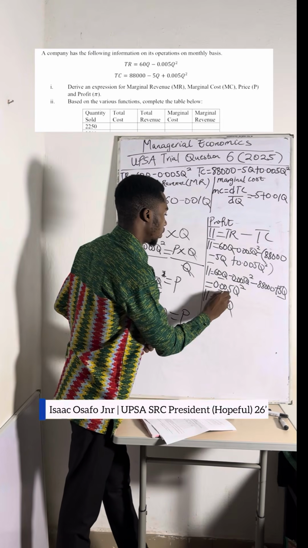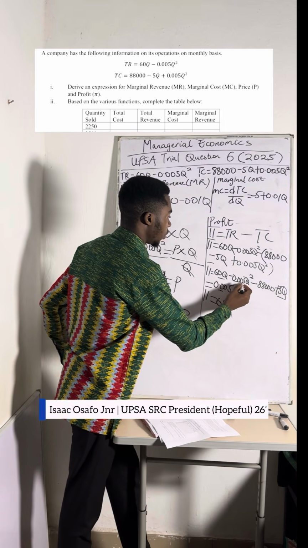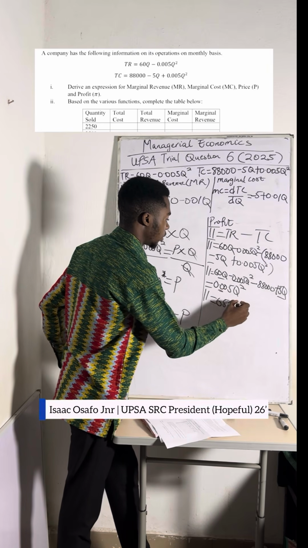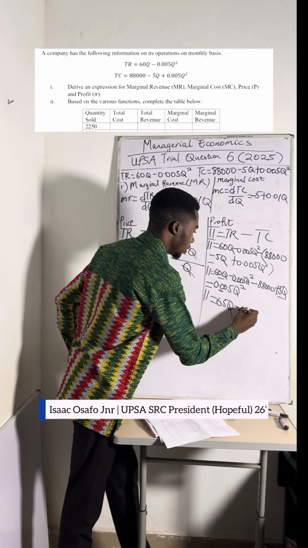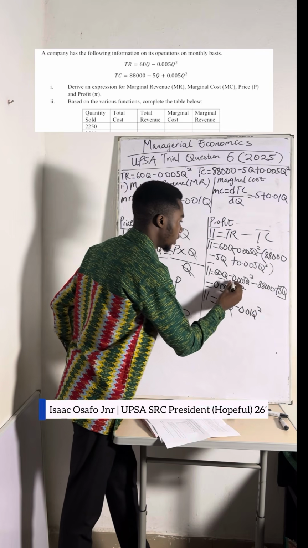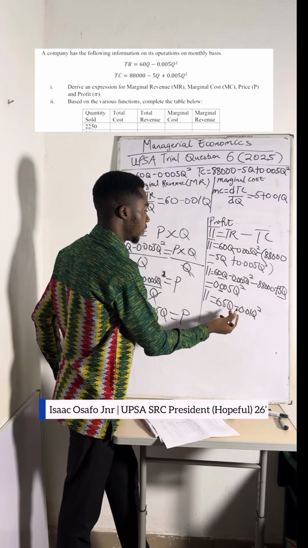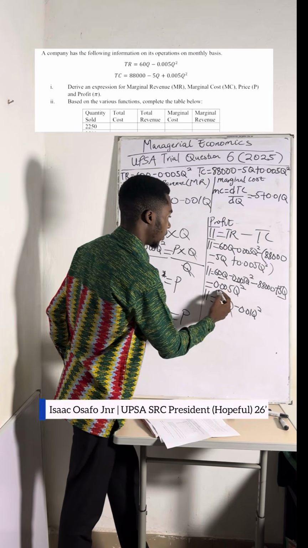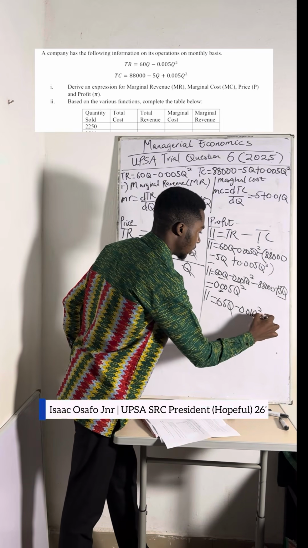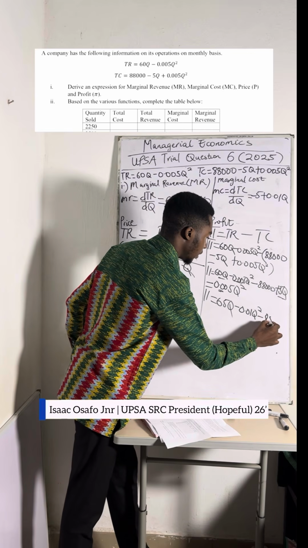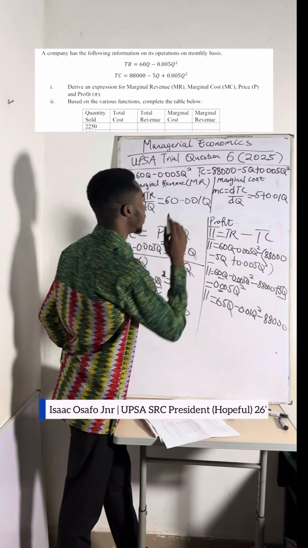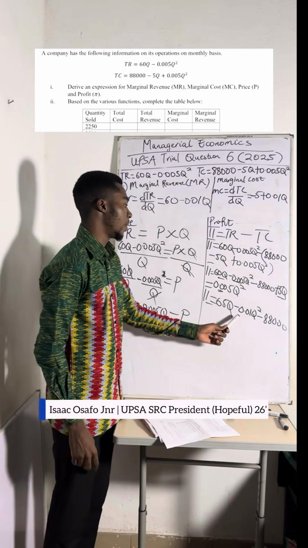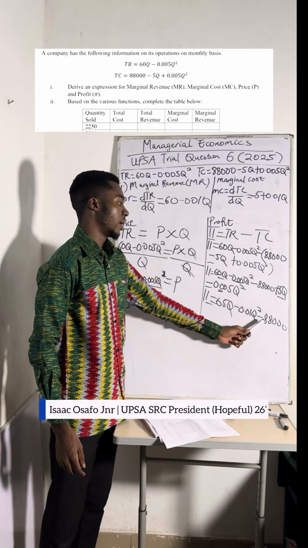We also have another 0.005Q squared with a negative, so negative 0.005Q squared minus 0.005Q squared should give us negative 0.01Q squared. Then you are left with negative 88,000. So ladies and gentlemen, this is our profit function. You get it? So 65Q minus 0.01Q squared minus 88,000.